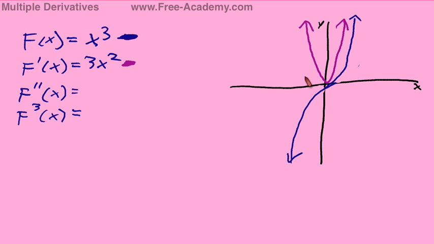Notice at just around this point right here, we have a very, very high positive slope. It's very near to vertical, and it's also positive. Let's just say if this were 1 here, this would be about 6.